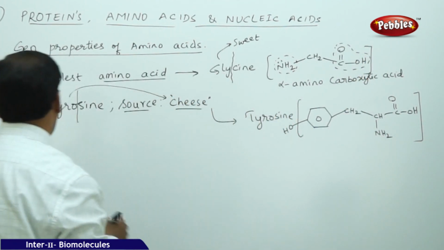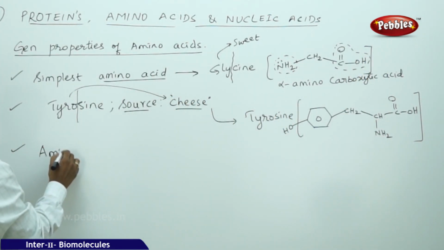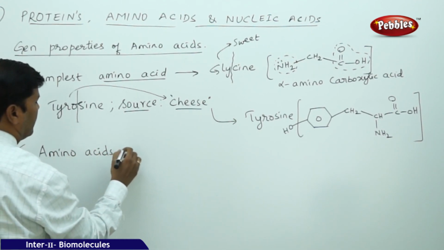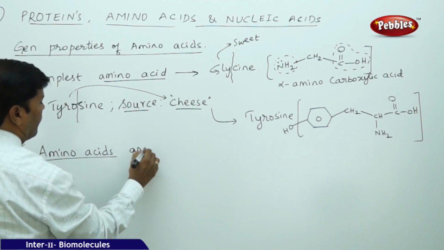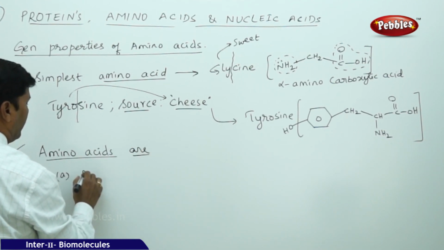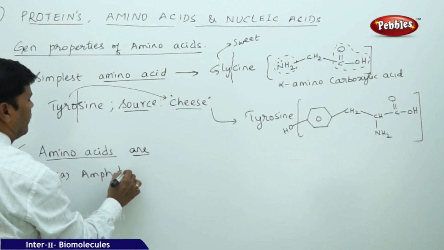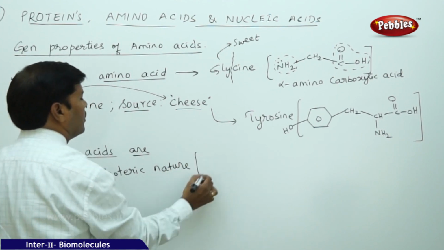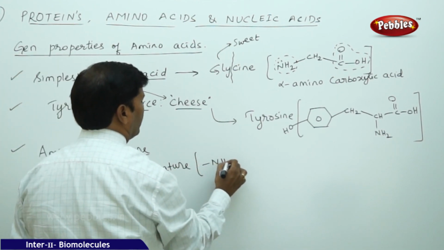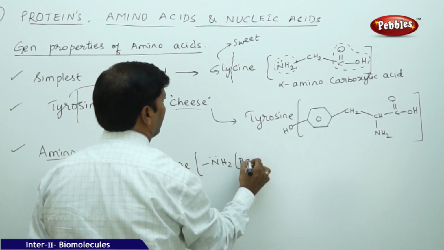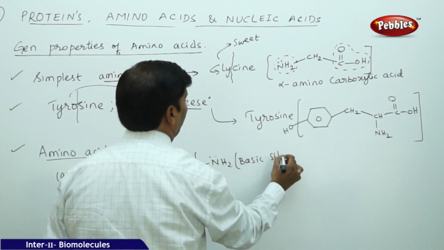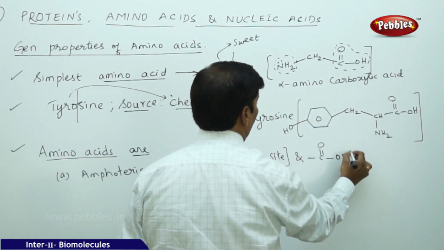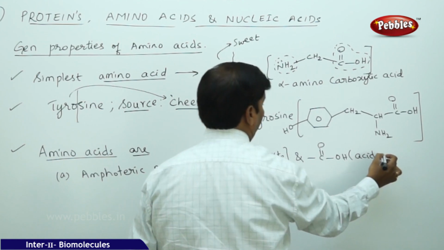So we can say all amino acids are amphoteric in nature, because the NH2 group is a basic site and the carboxylic group is an acidic site.